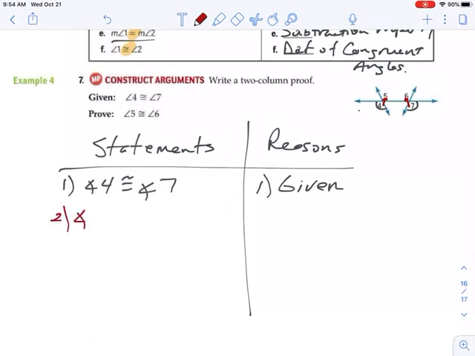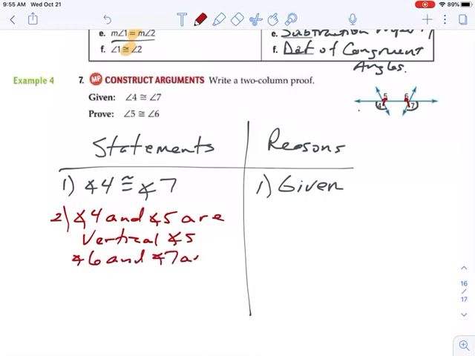Step 2: Angle 4 and angle 5 are vertical angles. Angle 6 and angle 7 are vertical angles.